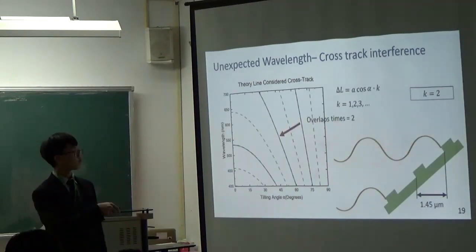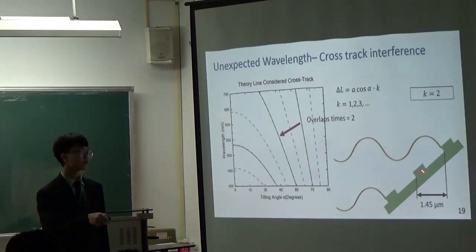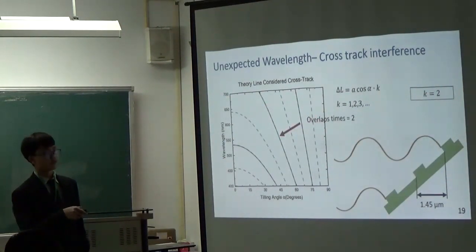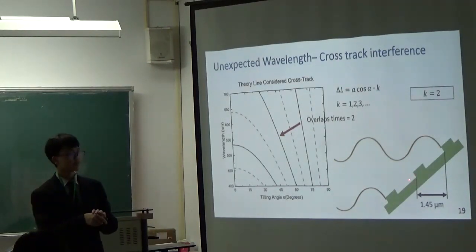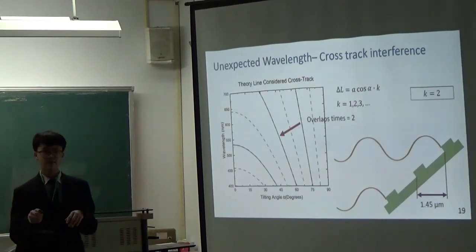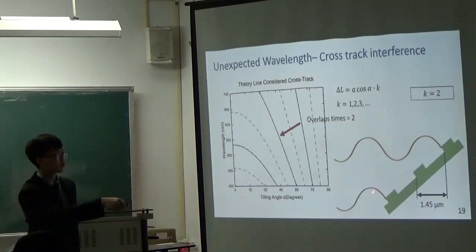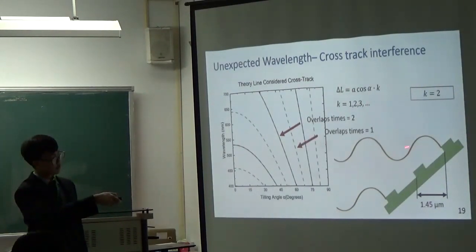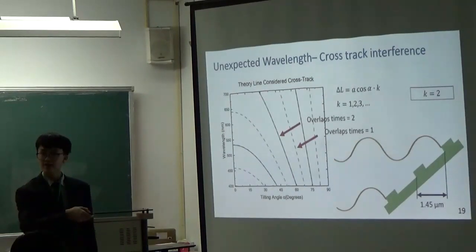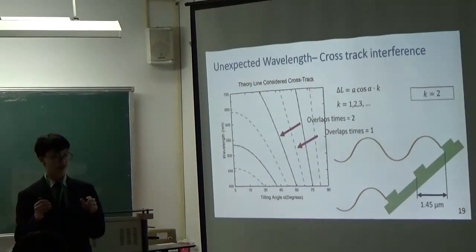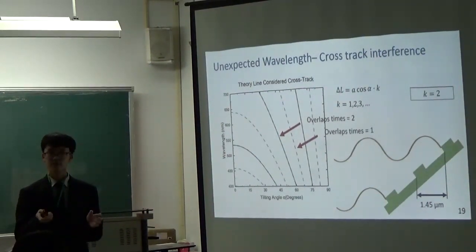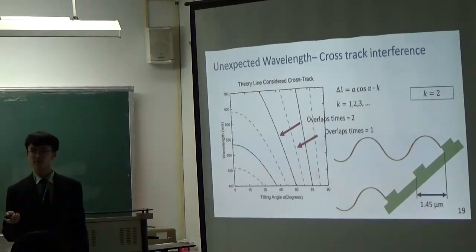Because if we only consider crossing one track, the wavelength of light can form constructive interference every one track. But if we consider it across two tracks, the light can compose every two tracks, so the intensity will be inversely proportional.